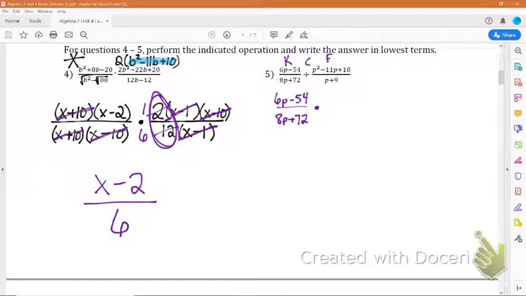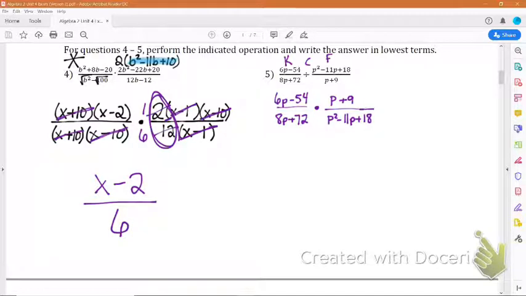Change your sign to multiplication, and then flip your second fraction. So the p plus 9 goes to the top, and the p squared minus 11p plus 18 goes to the bottom. And we don't change none of that, right? We're going to factor it in just a minute.